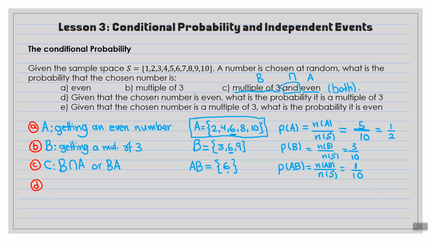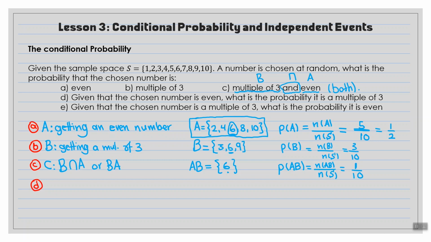Okay? So to know this, we have to investigate inside of this set. We have to look for the multiples of 3. So inside of this set, what are the multiples of 3? The multiple of 3 is actually only 6, right? This is the only number which we can say is a multiple of 3.